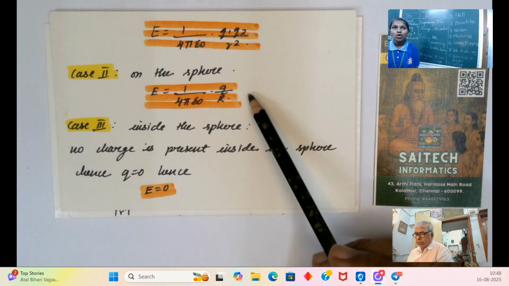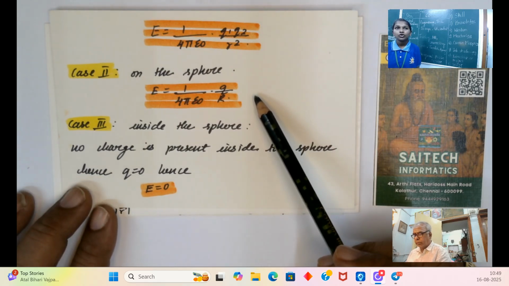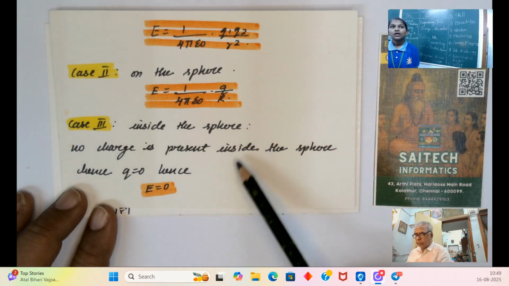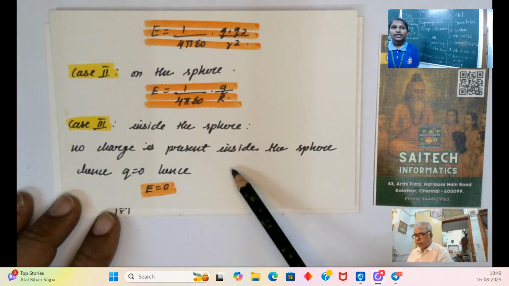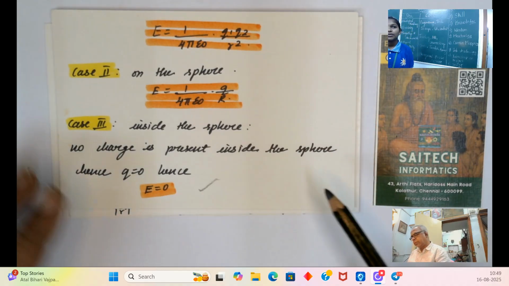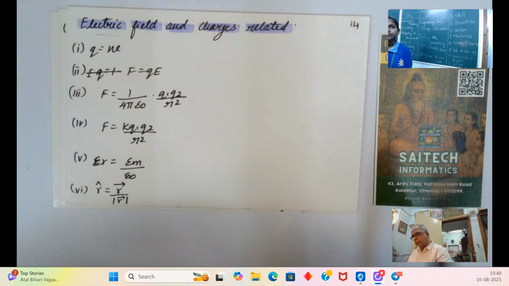In case 2, we will have the point on the sphere, so that E is equal to 1 by 4 pi epsilon naught into Q by capital R square, represented as capital R since we have to differentiate it. Now case 3, where the point is inside the sphere. Since no charge is present inside the sphere, the Q will be 0. Since Q is 0, the electric field will also be 0.